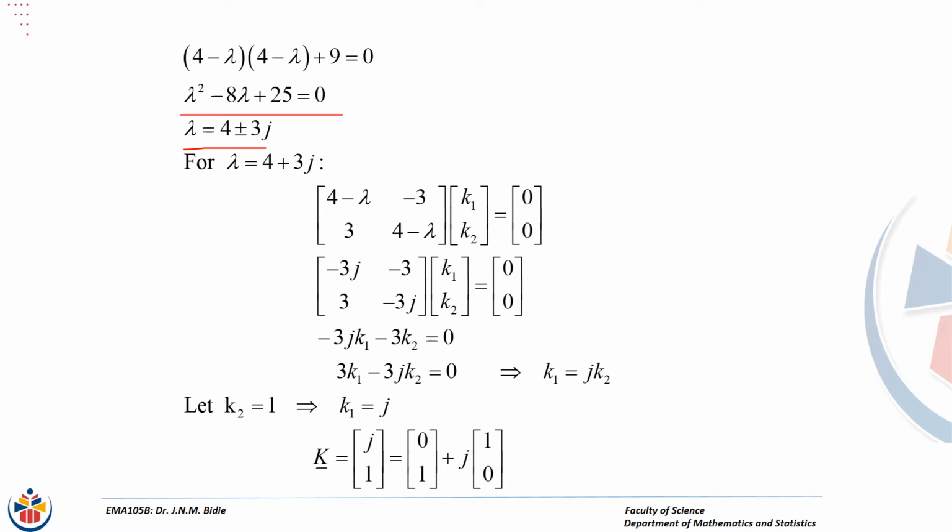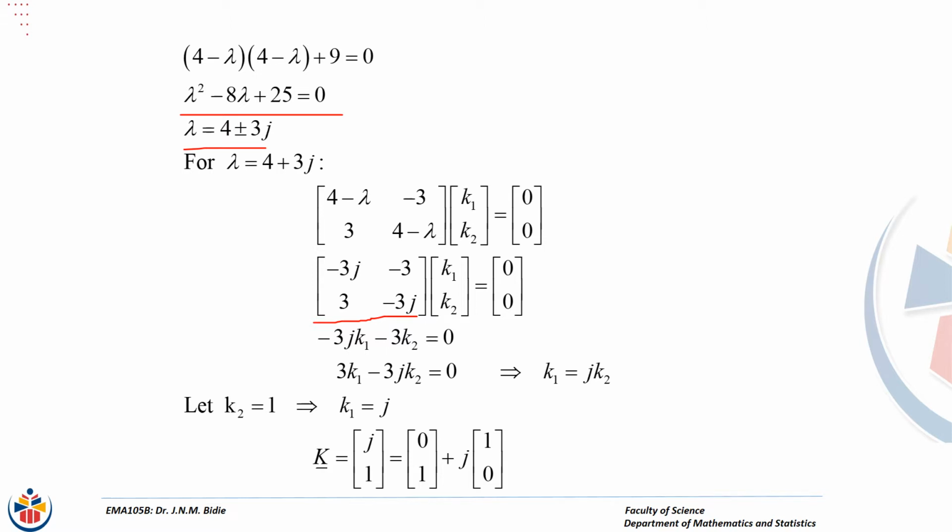Then we take just one lambda, 4 plus 3j, and substitute. When I substitute 4 plus 3j in place of lambda, I get negative 3j, negative 3 in the first row, 3 and negative 3j in the second row.